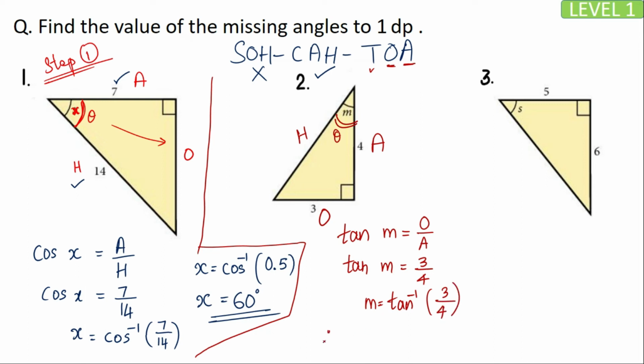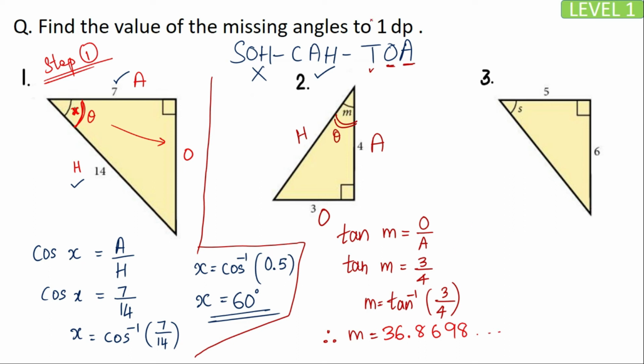So use your calculator. Make sure you're using the inverse function, the tan inverse function, and not the tan. Shift and tan, within the brackets you have 3 divided by 4. I can write 0.75. So the answer is 36.8698.